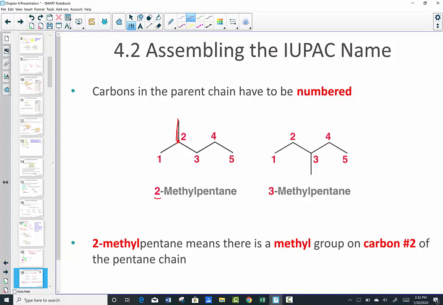Notice that I use a hyphen to separate a number from words. Here is an example of 3-methyl pentane, the branch of the methyl coming off carbon 3. 2-methyl pentane shows there's a methyl group coming off of carbon 2. 3-methyl pentane, I hear that 3 telling me that methyl comes off of carbon 3.